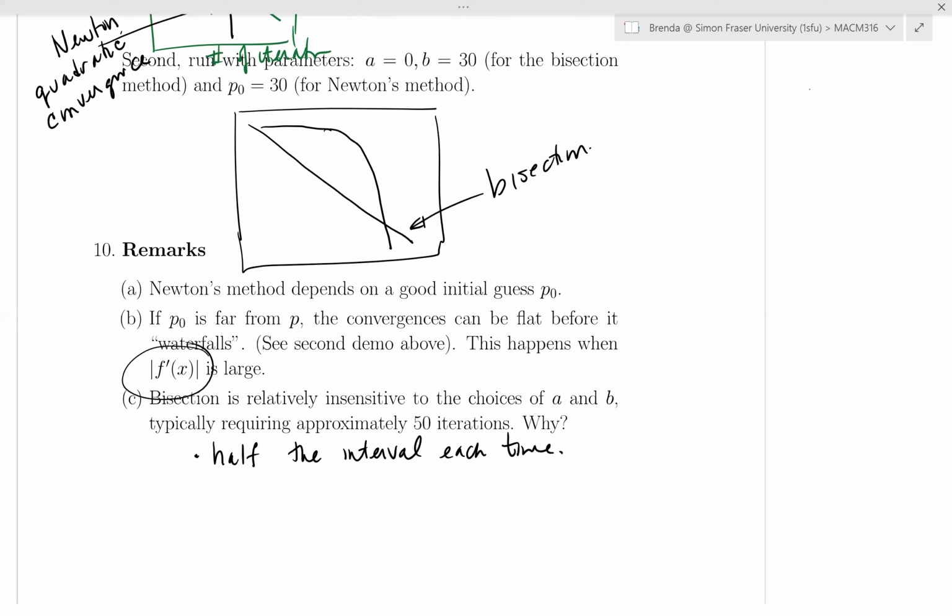So what happens? Each iteration, this is bisection. Every 3.3 iterations equals one significant figure.